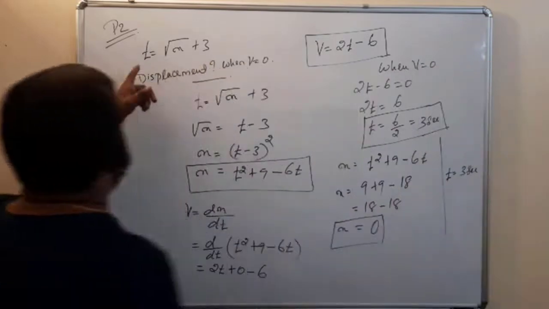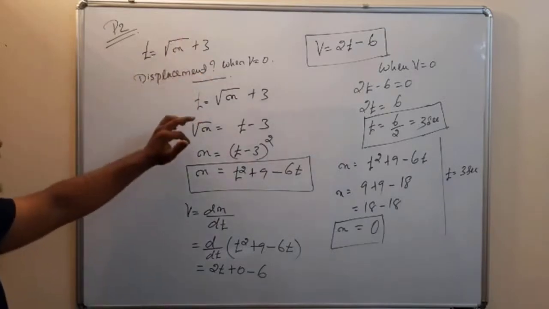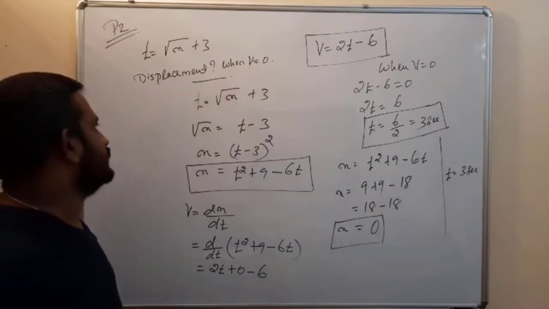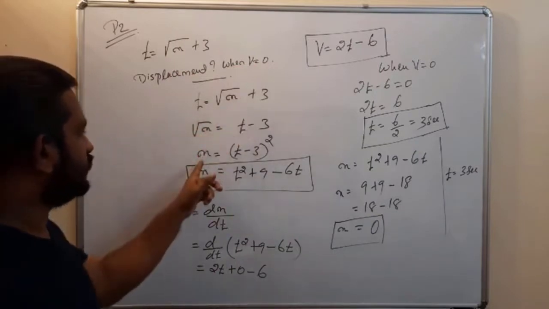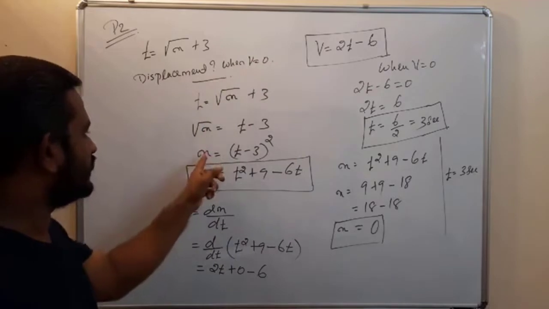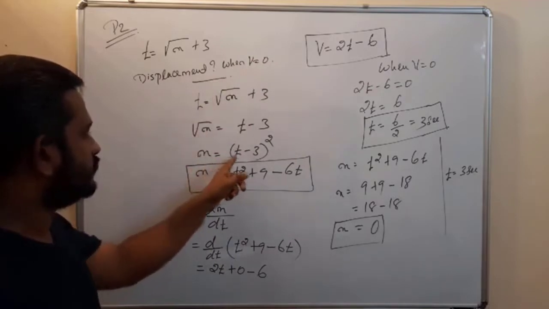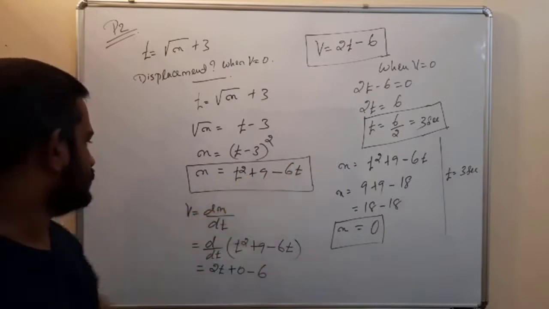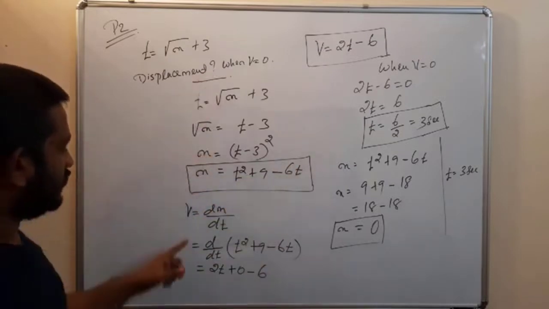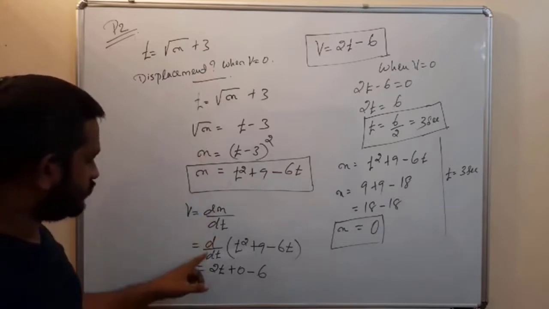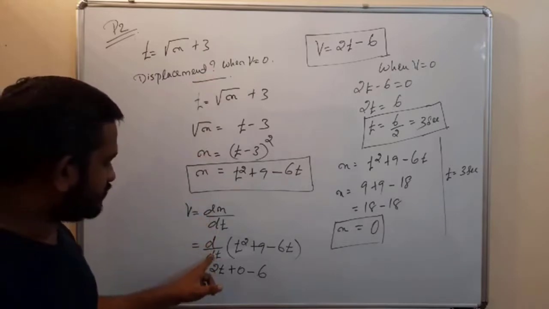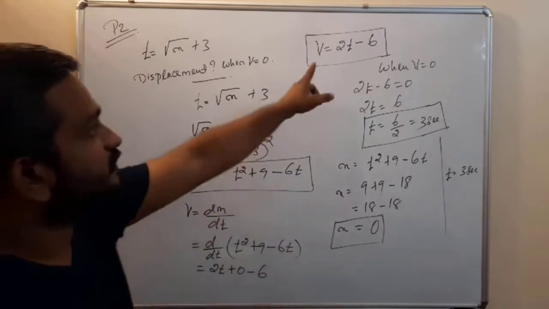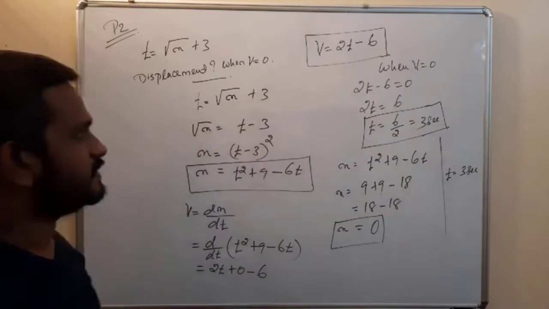So the given equation is t equal to √x + 3. We have to find the displacement when velocity is equal to 0. We find the displacement from this equation by rearranging the variables. So x is equal to (t − 3)², so x is equal to t² + 9 − 6t. Then we find the velocity. v is equal to dx/dt, the first derivative of displacement, and we get velocity equal to 2t − 6.